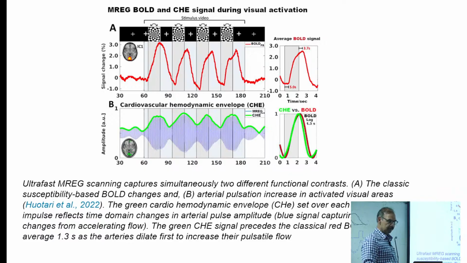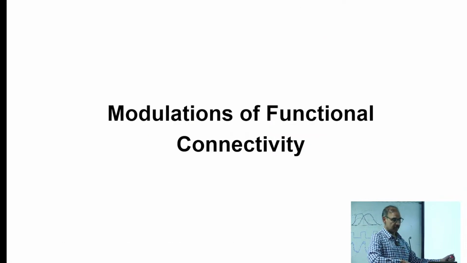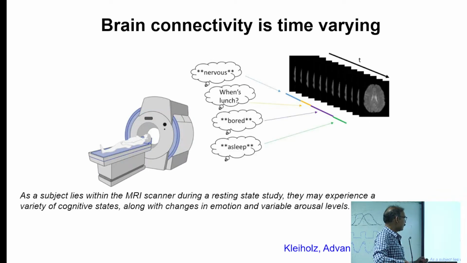Okay. The next thing I want to cover is modulation of functional connectivity. As several of you mentioned yesterday and the day before, when we scan someone, there are so many factors. Maybe they are a little nervous, maybe they are thinking about food, maybe they're bored, maybe some fall asleep.